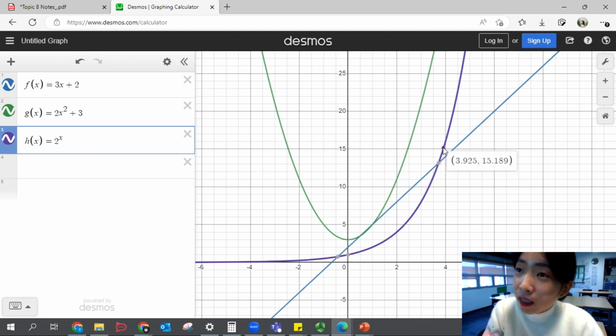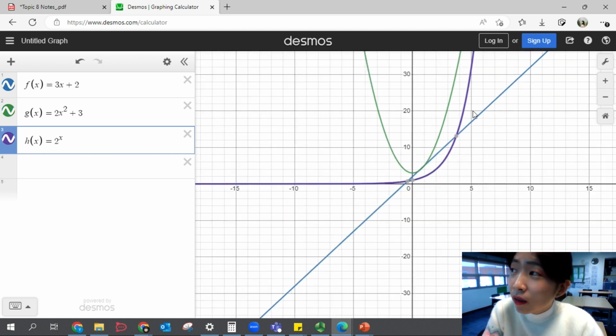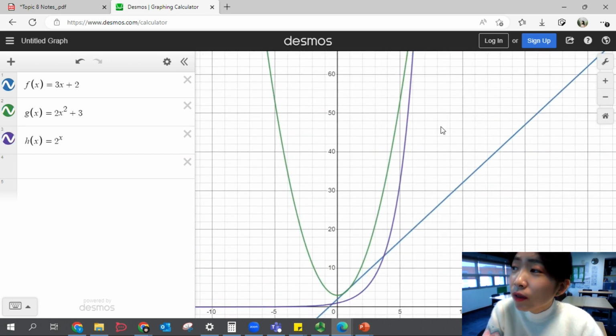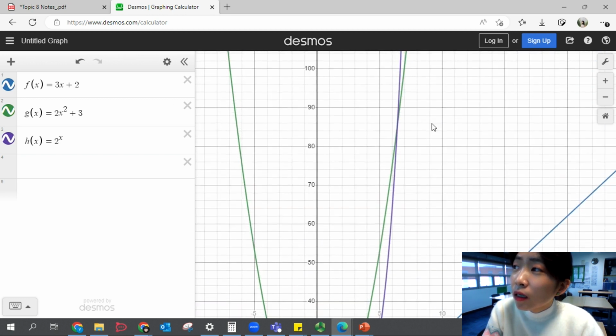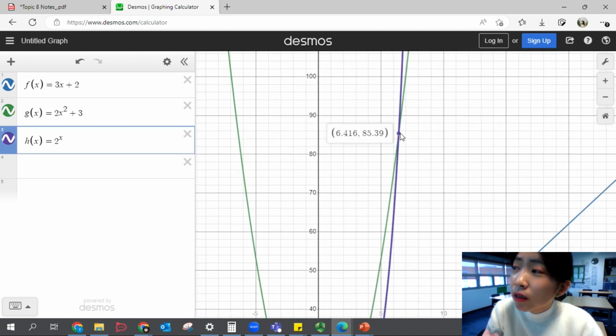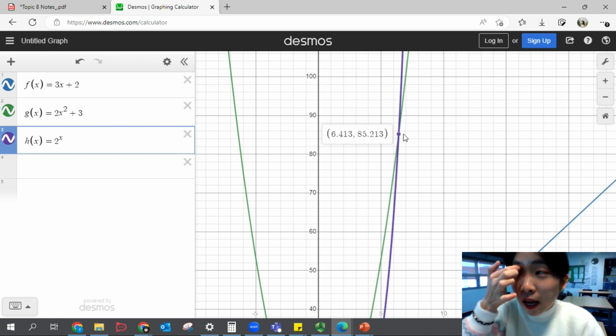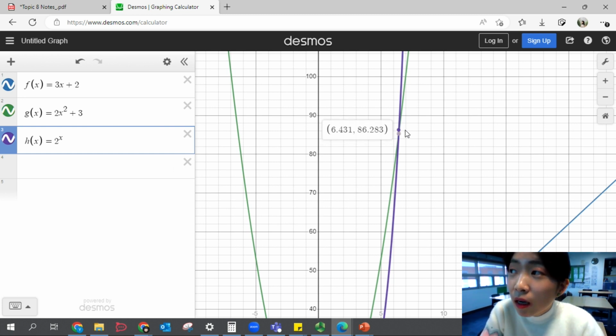And after that, h of x exceeds f of x. And then, if you go further, at this point, when x is equal to 6.413, that's when h of x finally meets the y value of g of x. And then it exceeds it when it goes greater than that.